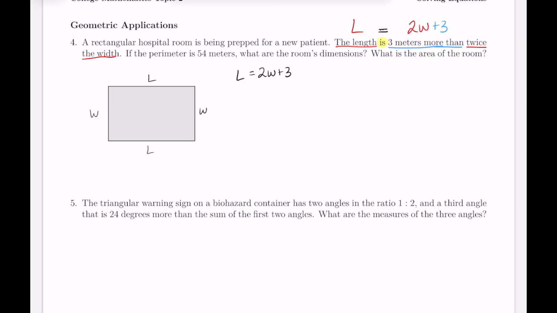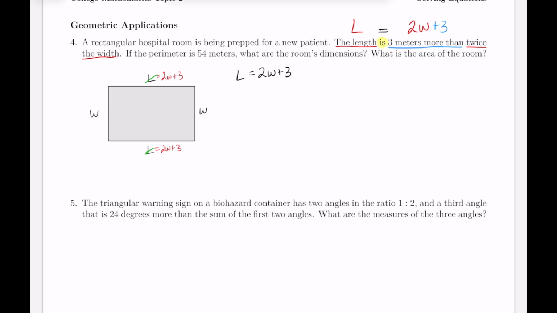And then what I could do is use substitution. Instead of calling this length, I know that the length is twice the width plus 3. So I can get rid of that. There.